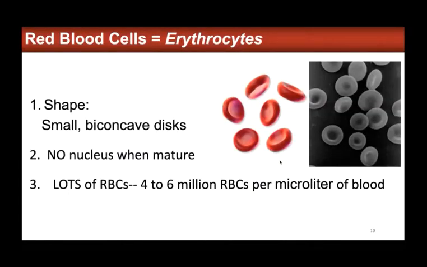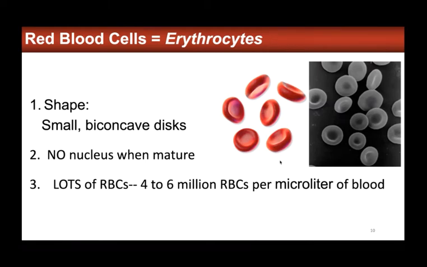So as I said, red blood cells are called erythrocytes, and they're described as biconcave discs. These blood cells are so full of hemoglobin proteins, which is the protein that transports oxygen, that they actually spit out the nucleus as they mature.